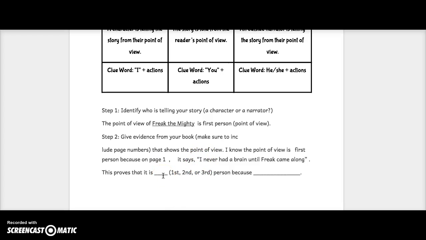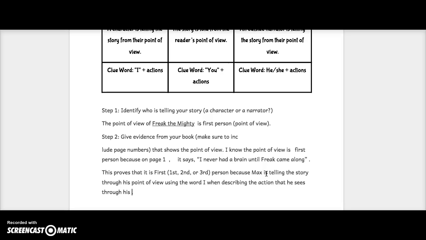And so I'm going to show my knowledge. I'm going to say this proves that it is first person because Max is telling the story through his point of view using the word I when describing the action that he sees through his own eyes.